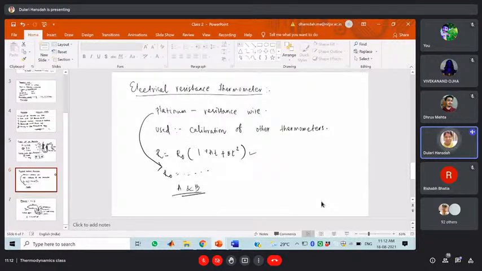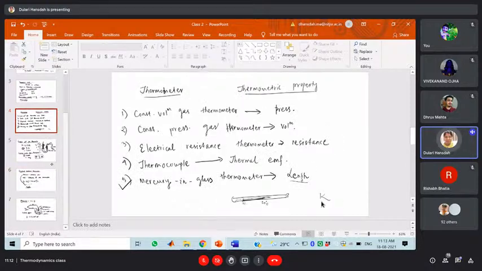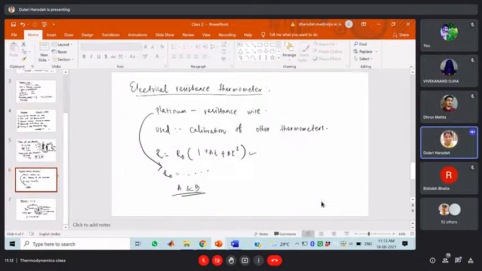So here the thermometric property is the change in resistance. All of you have an idea about the Wheatstone bridge circuit, so it works on that principle.